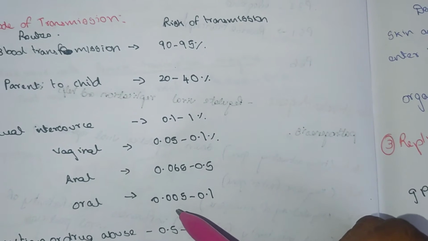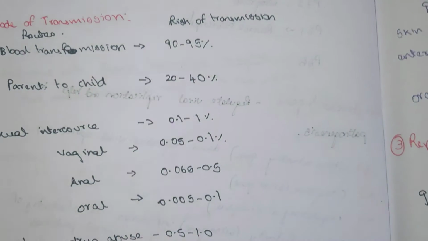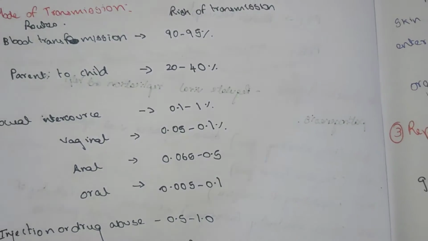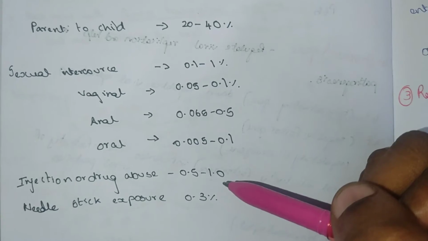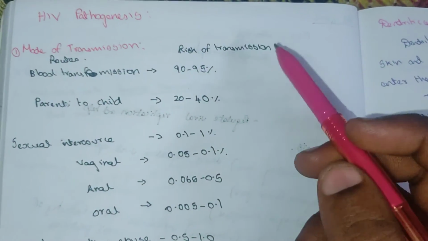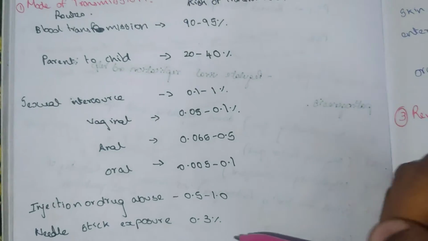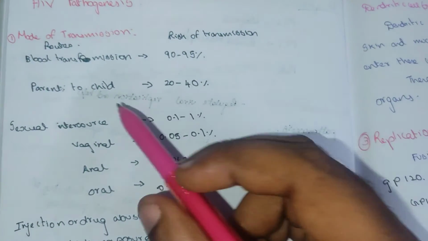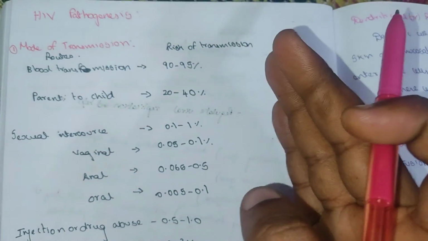Oral sex is 0.005 to 0.1%. Injection drug abuse is 0.5 to 1%. Needle stick exposure is 0.3%. These are the modes of transmission and these are the risks of transmission.